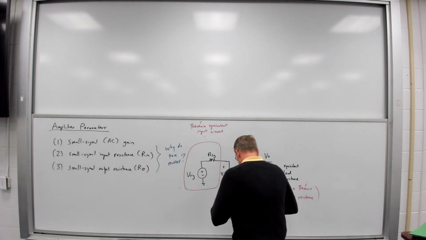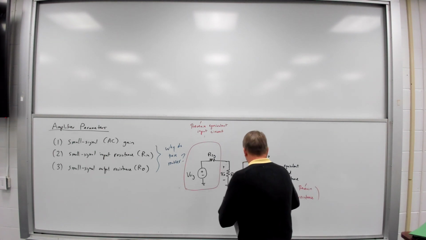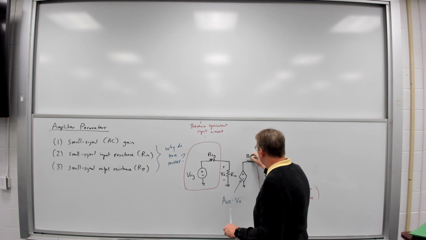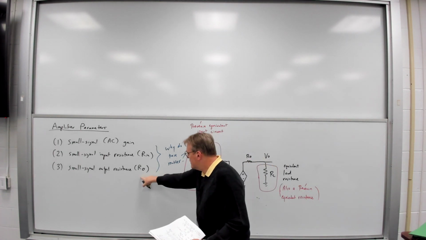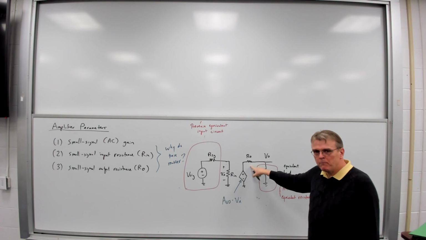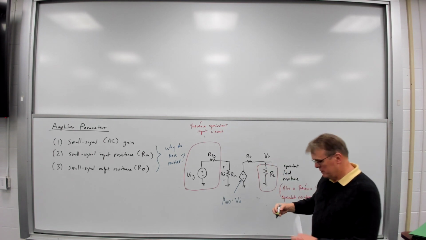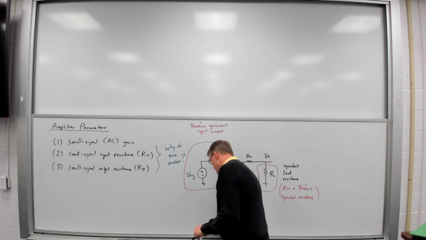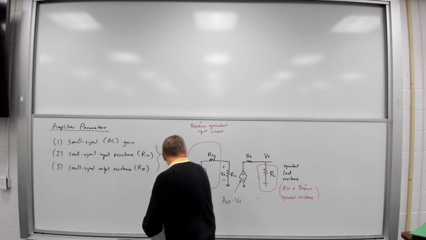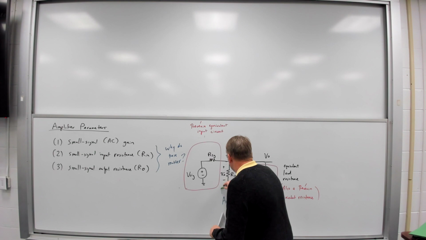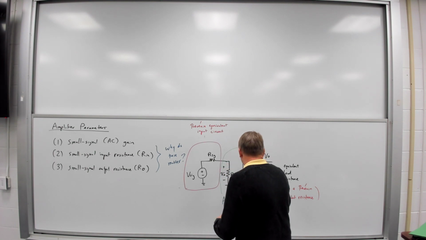And then finally, this is connected to an output resistance R sub O, and then that connects to our load resistance. So what I just did here is replace my amplifier circuit with this.